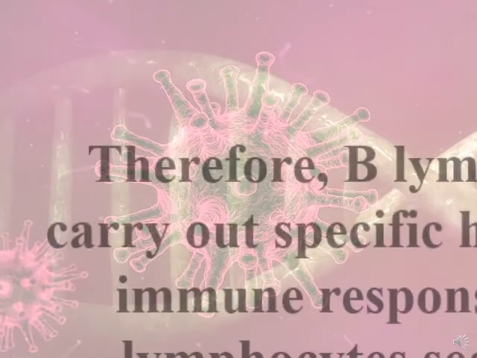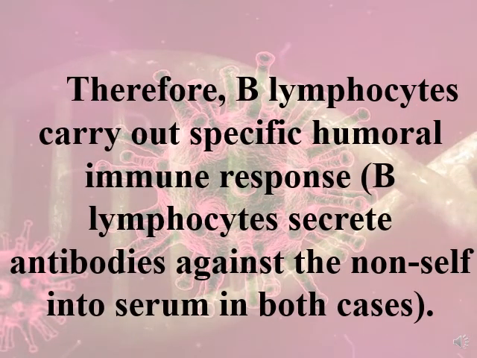We can conclude that B lymphocytes carry out specific humoral immune response, where the B lymphocytes secrete antibodies against the non-self. So whenever we have secretion of antibodies, this type of immune response is specific humoral immune response.